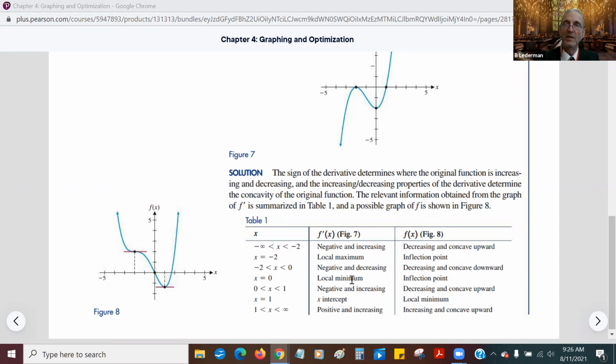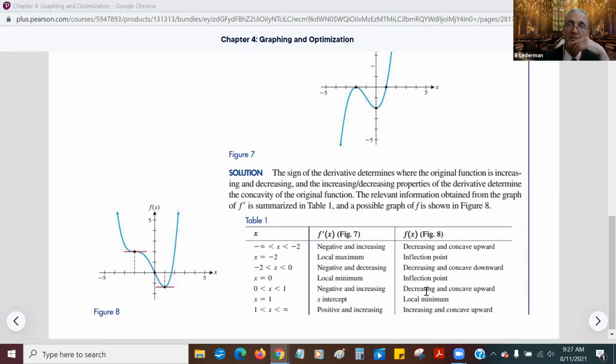X equals 0 is a local minimum for the same reason that -2 is a local max, because it's changing direction. It's going from negative to positive, and so it's going from concave downward to upward, and it's an inflection point. And now in this little stretch from 0 to 1, the derivative is still negative, but it's increasing.